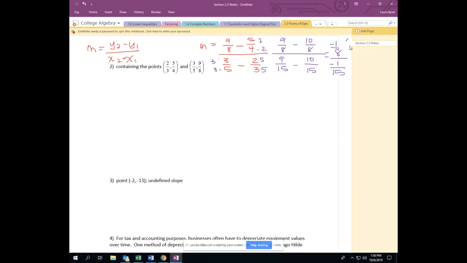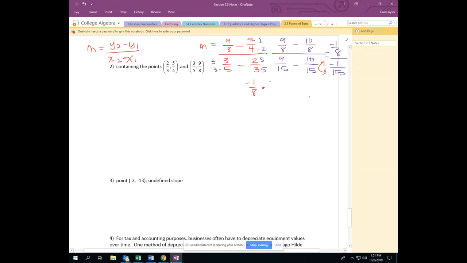Now, this expression here, this ugly looking thing right here, is called a complex fraction. And complex fractions can't be left in this form. So we're going to simplify it by keeping the numerator what it is, -1/8, changing the big fraction bar in between to multiplication, and flipping the denominator piece over.